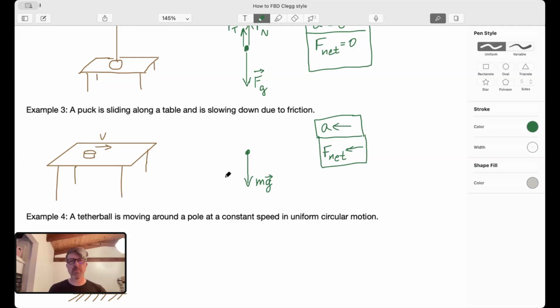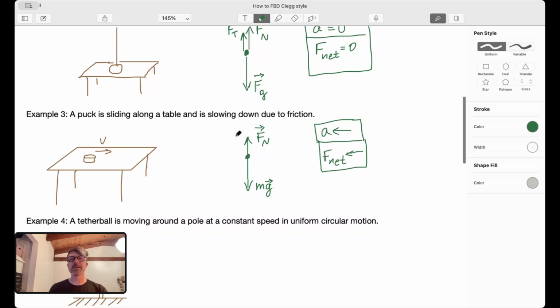All right, so that's interesting, and it could be a little bit of a clue. I know that since it's resting on the table still, it's got an upward force. Now I need to figure out how big to make this upward force. Right, that's the normal force going upward. Did I label my vectors up here? Yes, I did.